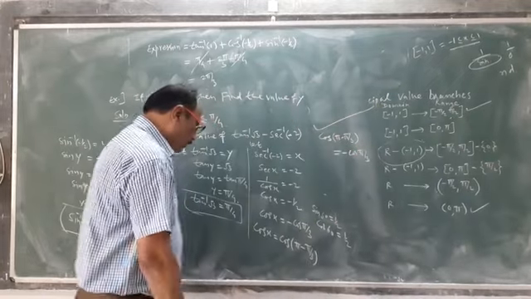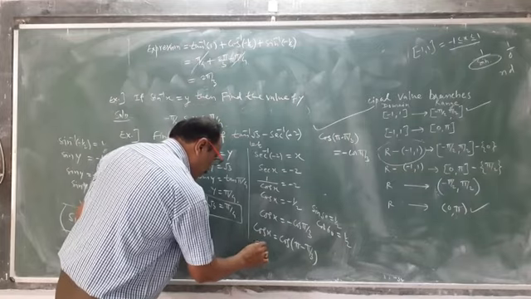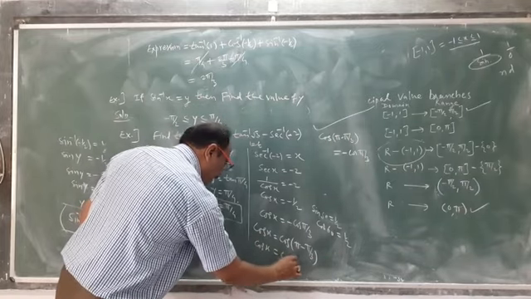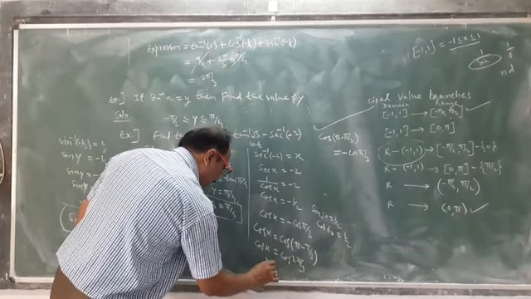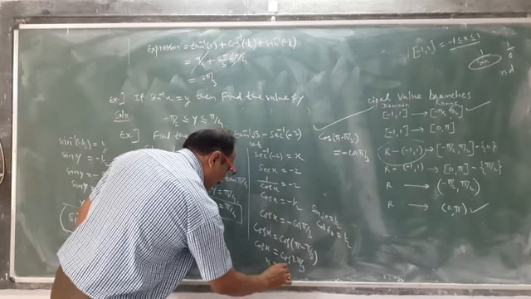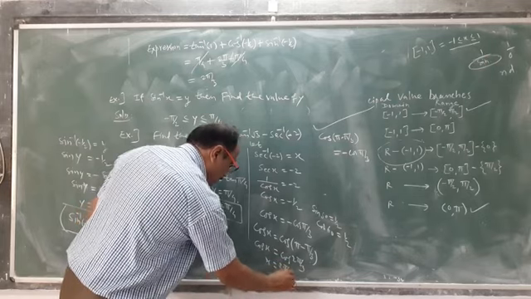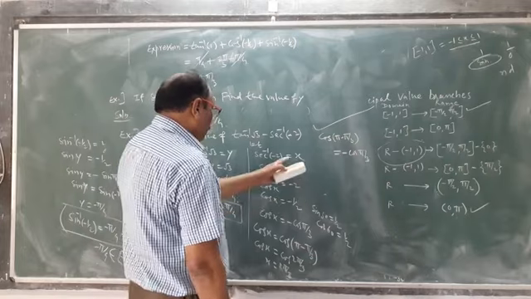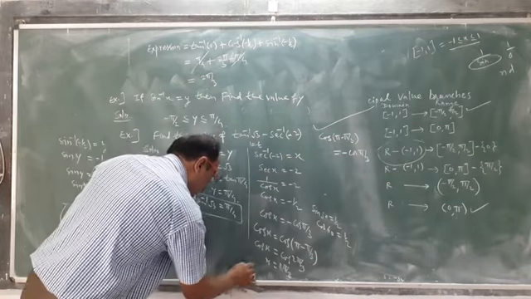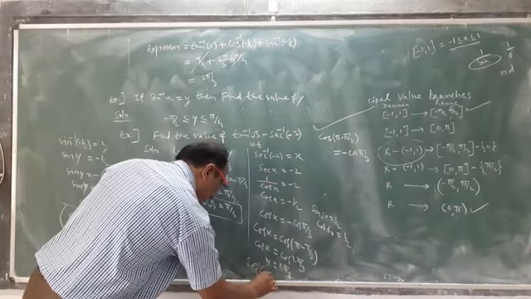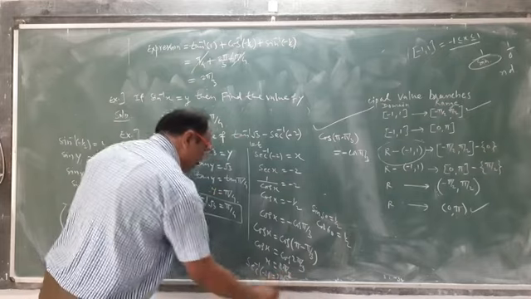Yes. Therefore, cos x is equal to cos 2 pi by 3. Therefore, x is equal to 2 pi by 3. What is x? x is equal to sec inverse of minus 2, which is equal to 2 pi by 3.